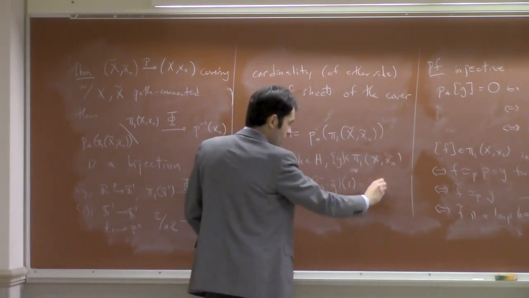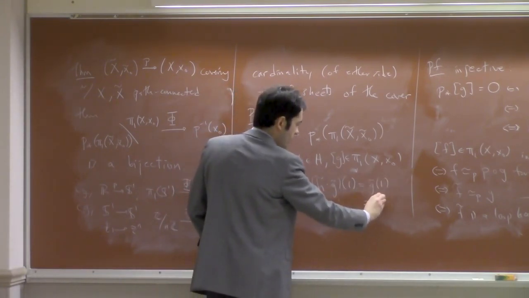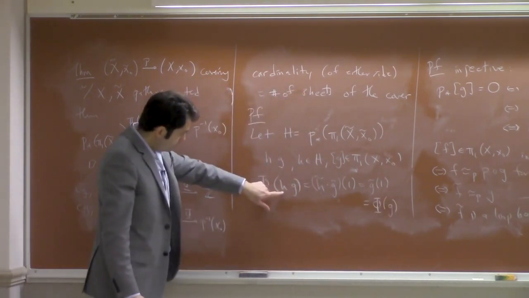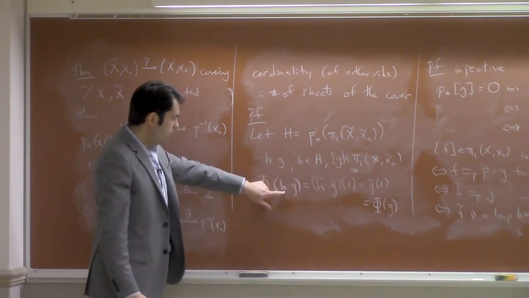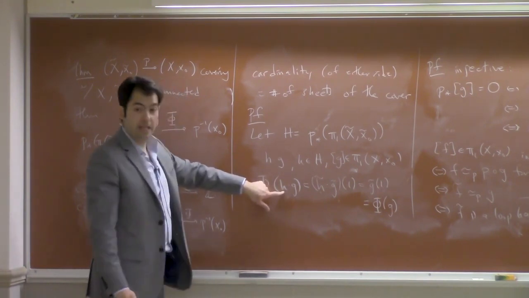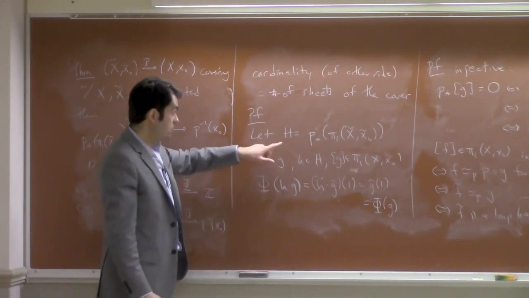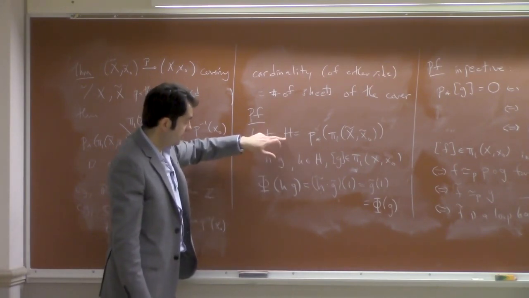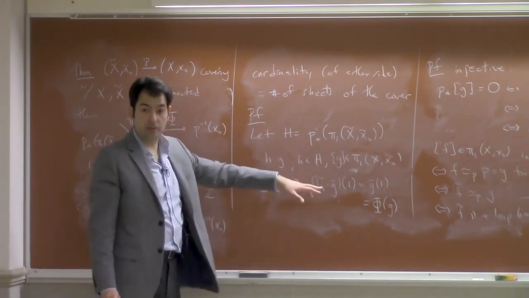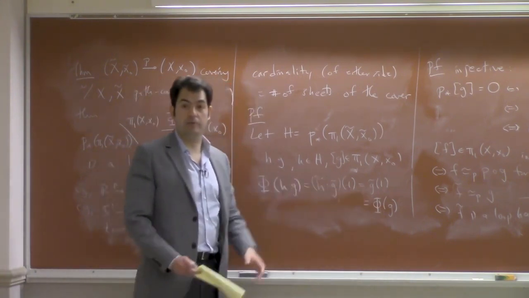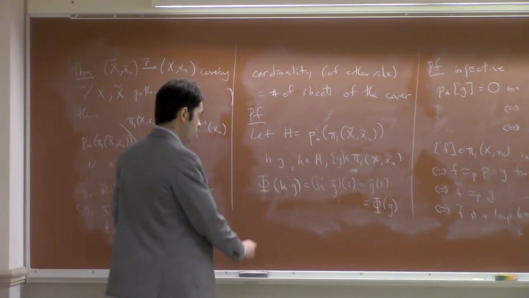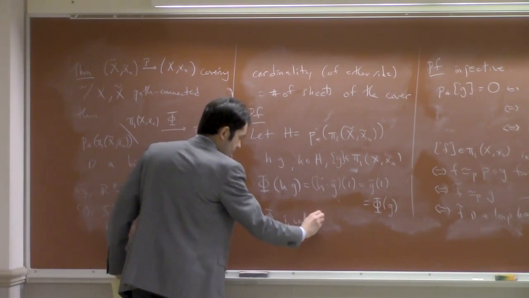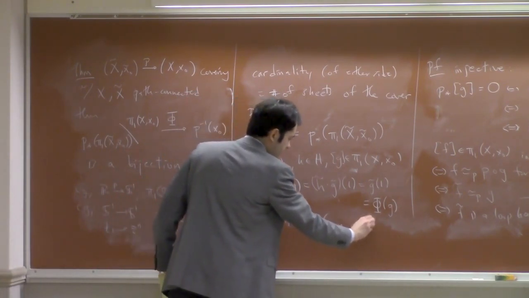We end up with g tilde of 1, and that is phi of g. So if you concatenate on the left with an element in H, then because we saw that the lift of elements of H are loops at x naught tilde, this doesn't affect the right endpoint where you end up at all. So phi is well defined on the cosets.